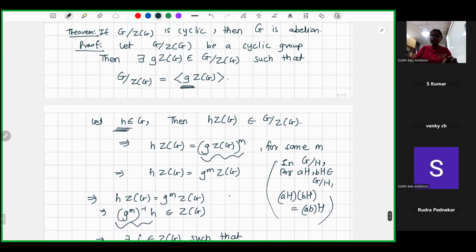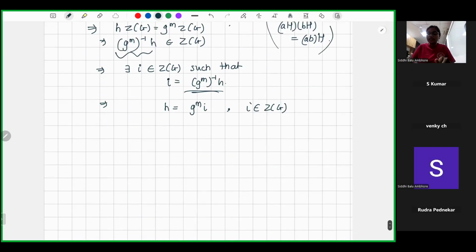The moment I chose that G quotiented by ZG is generated by this GZG, this G is now fixed. And for every element H in my group G, I get that it is of this form, G power M I, where I is in ZG. Note that initially we do not have this information, but we can write this.